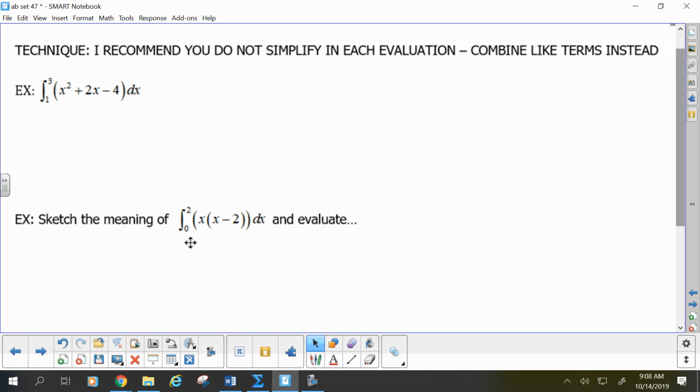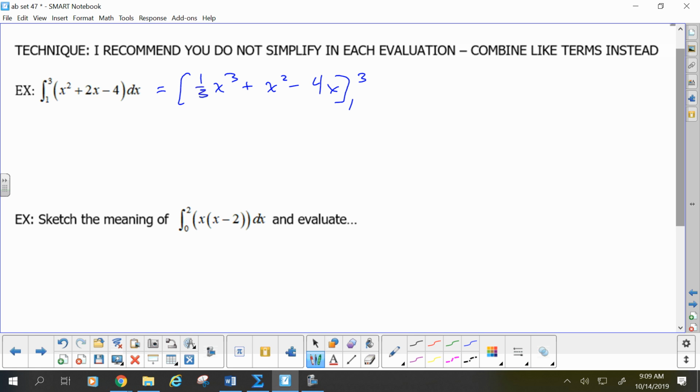All right. So let's do an uglier one. First of all, what's the antiderivative of x squared, Steph? 1/3 x cubed. Lexi, what's the antiderivative of 2x? Beautiful. Anjali, what's the antiderivative of -4? Okay, wonderful.